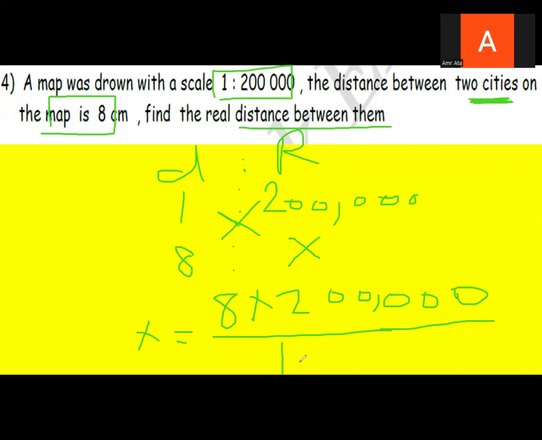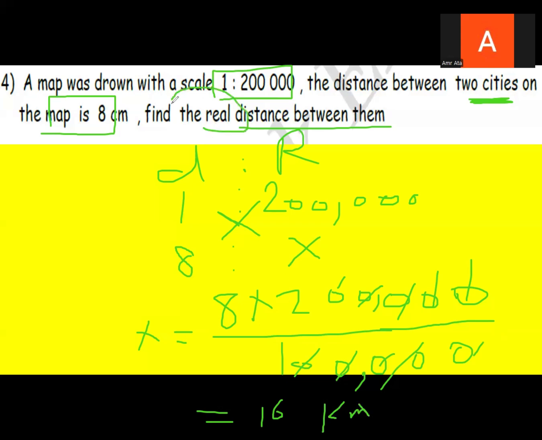So I will convert by 5 zeros. 5 zeros, put it up or down? Down, because the zeros are up. Okay, 1, 2, 3, 4, 5. Cancel 5 zeros up by 5 zeros down. It remains 8 times 2 equals 16 kilometers, because he wants the real, and the real is in kilometers. So X, the distance between them, is 16 kilometers.